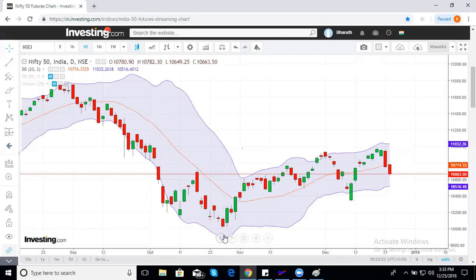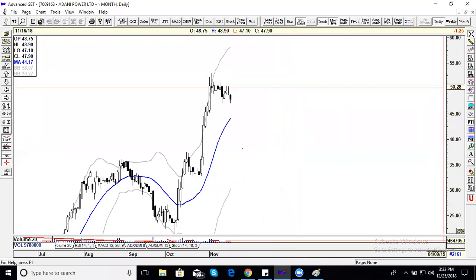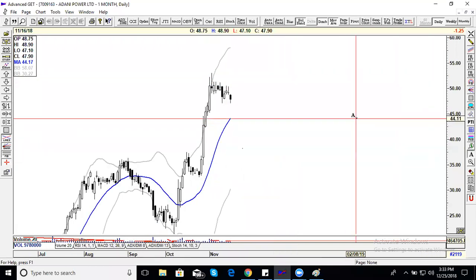But this time you can see the lower band is here, but the price is stopping here only, which says now sellers don't have the power to take prices outside the lower band, right? You have to make note of this if you really want to understand.